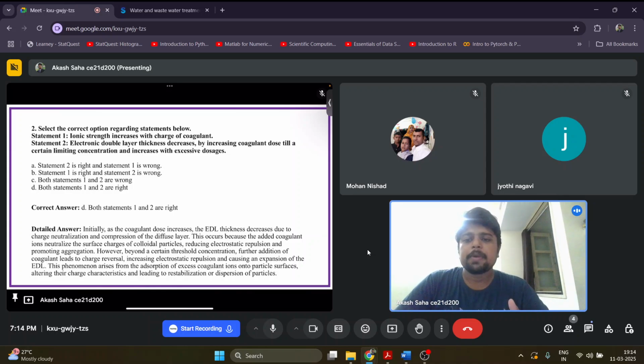However, beyond a certain threshold concentration, further addition of coagulant leads to charge reversal. So if you keep adding more and more, the charge will get reversed and increase the electrostatic repulsion, causing an expansion of the EDL. That's how the destabilization happens. So this is about the second question. Now we'll move forward.